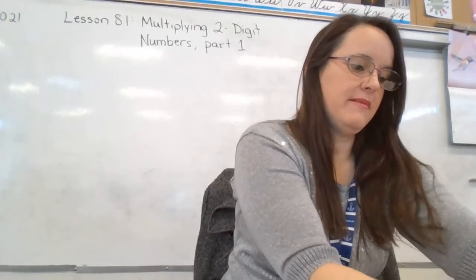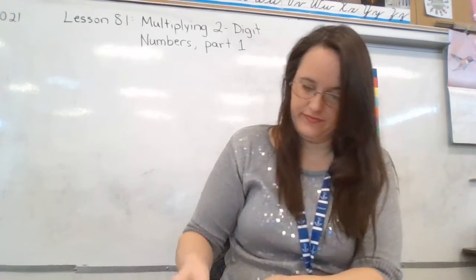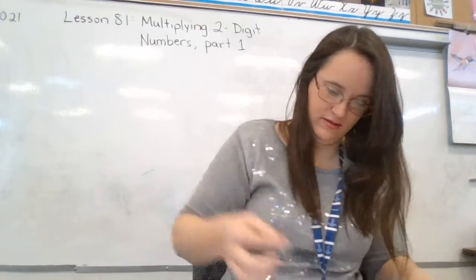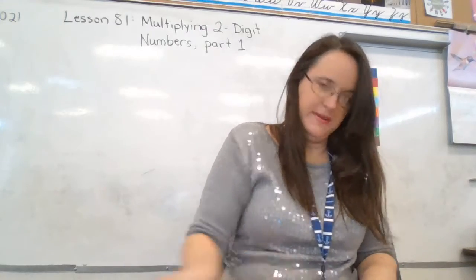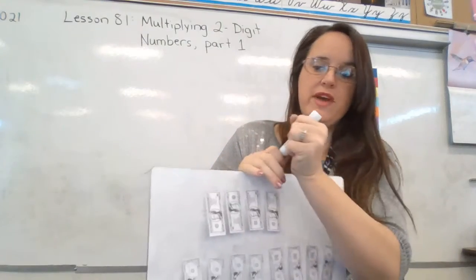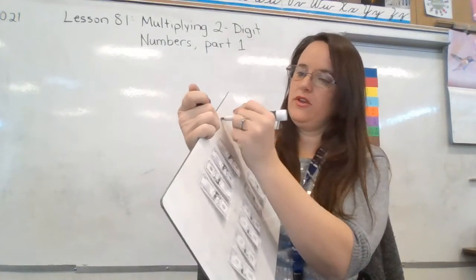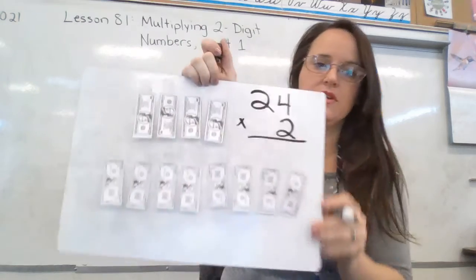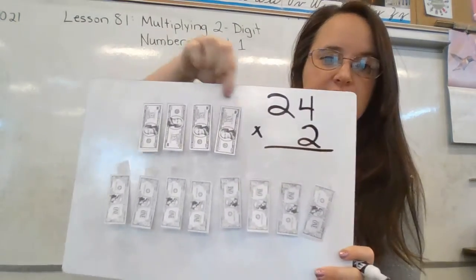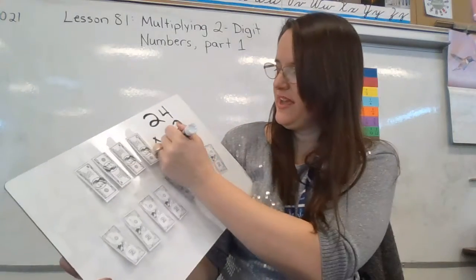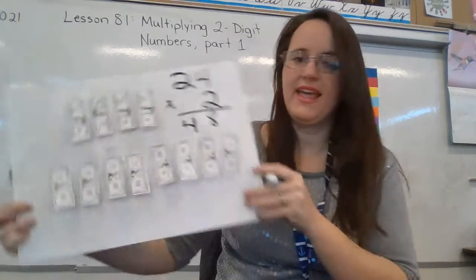So let me get all that money up here. Running out of space. Okay, so with numbers, we went from 24 times 2, we doubled our tens and we doubled our ones, so we have an answer of 48.